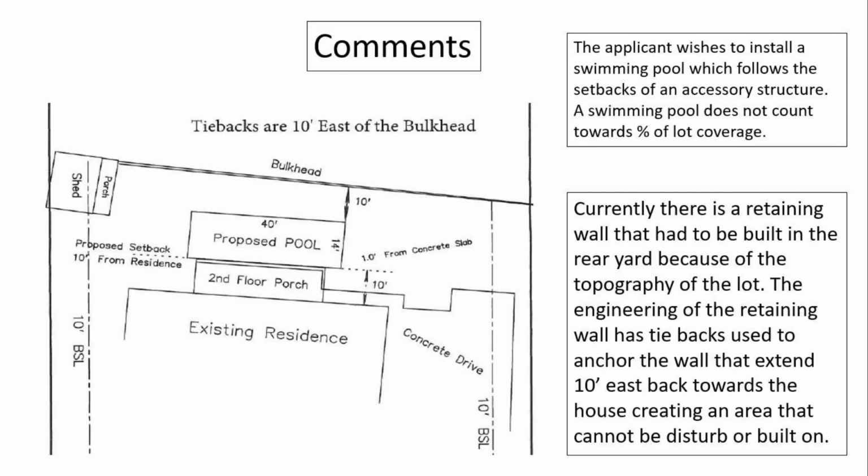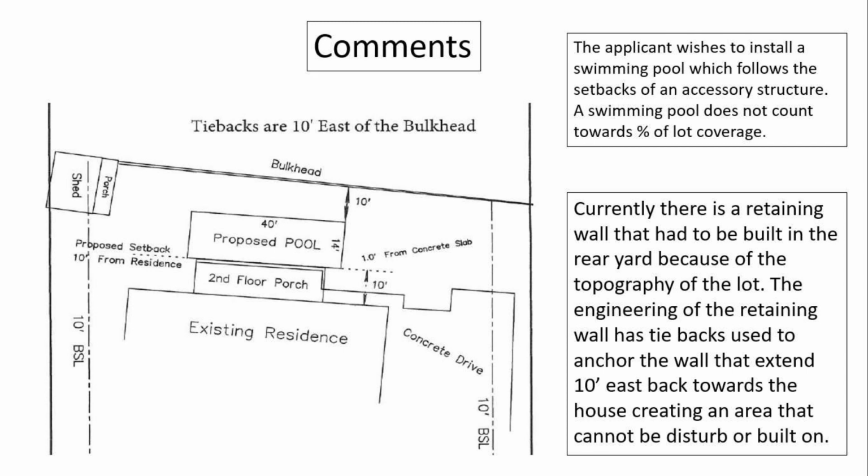On the left of your screen is a proposed plan for where the pool will go, with the existing footprint of the house. They wish to install the swimming pool, which follows the accessory structure setbacks, but the swimming pool does not count towards the percentage of lot coverage.